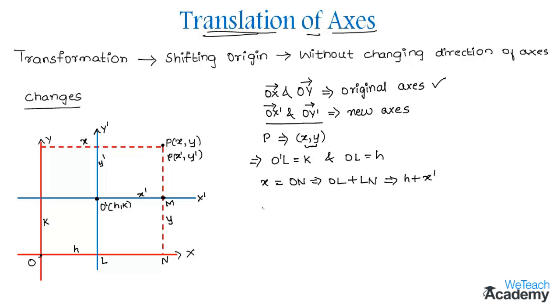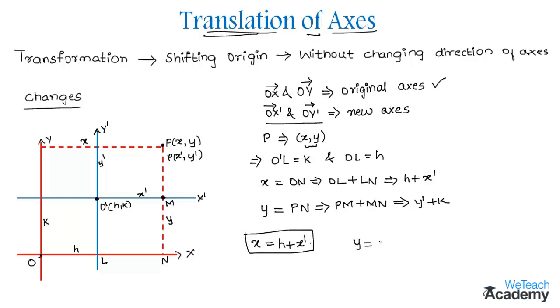Similarly, the coordinate of y will be equal to PN, and from the diagram we can clearly observe that PN is equal to PM plus MN. So PM is y dash plus MN, which is k. So x will be equal to h plus x dash, whereas y will be equal to y dash plus k.